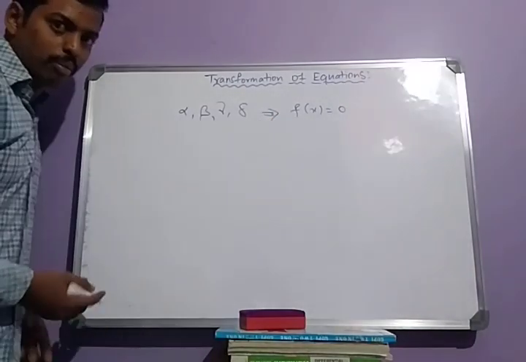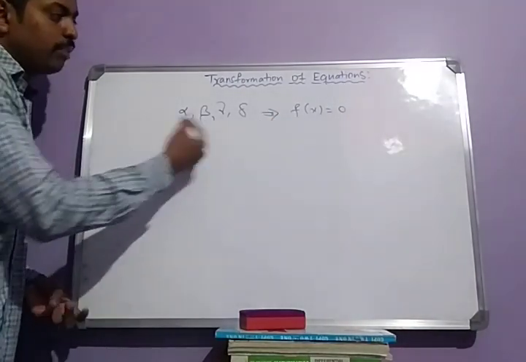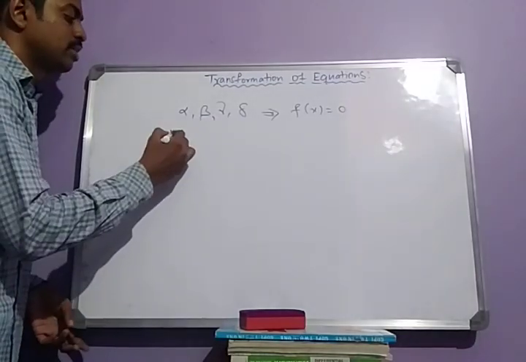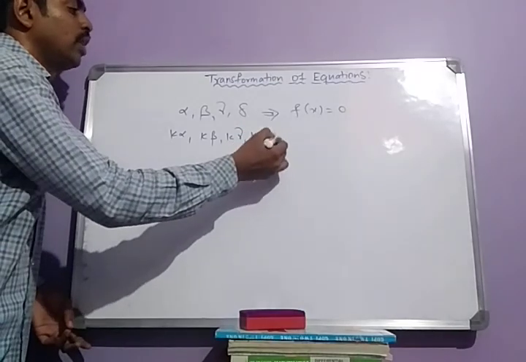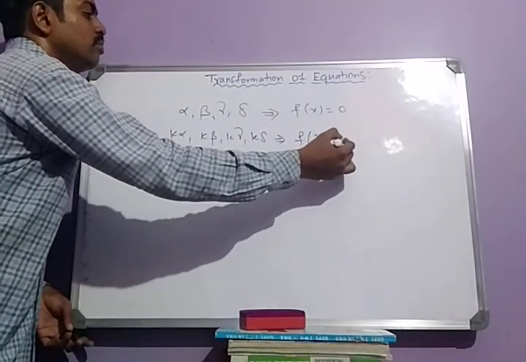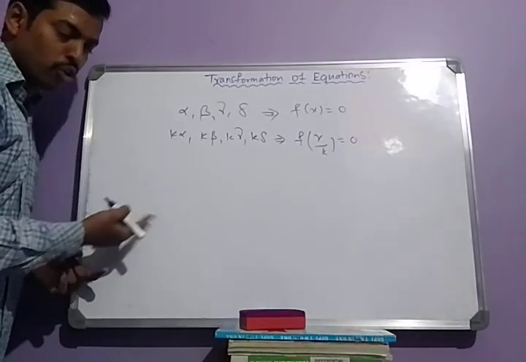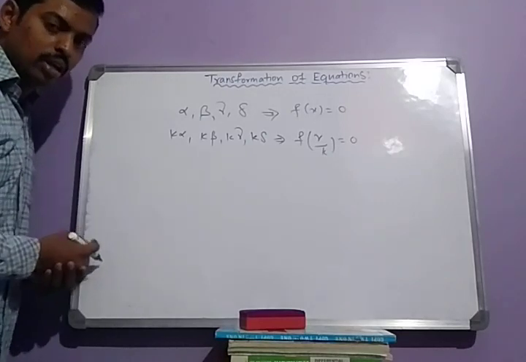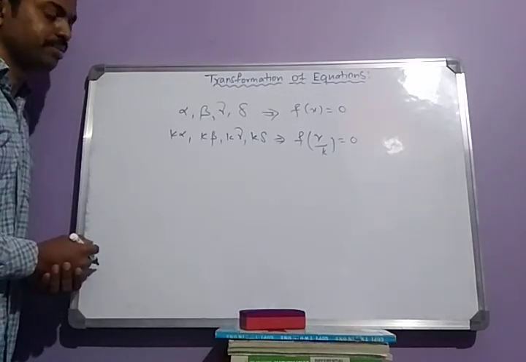You know its general form already. If the roots are multiplied by a constant k, so that means k alpha, k beta, k gamma, k delta, then what happens to f of x? It becomes f of x by k is equal to 0. So whatever I told for quadratic equation is applicable for cubic equation, and it is also applicable for biquadratic equation. Here I just took an example of biquadratic equation.